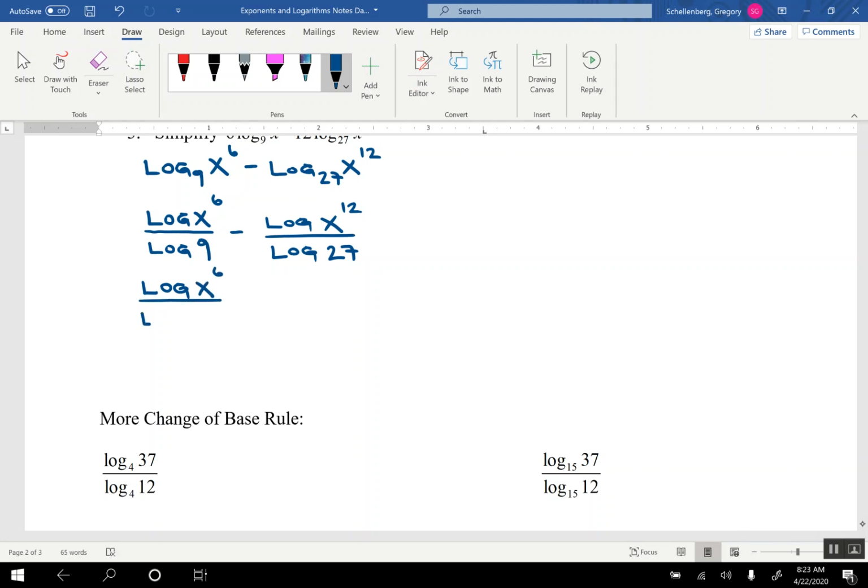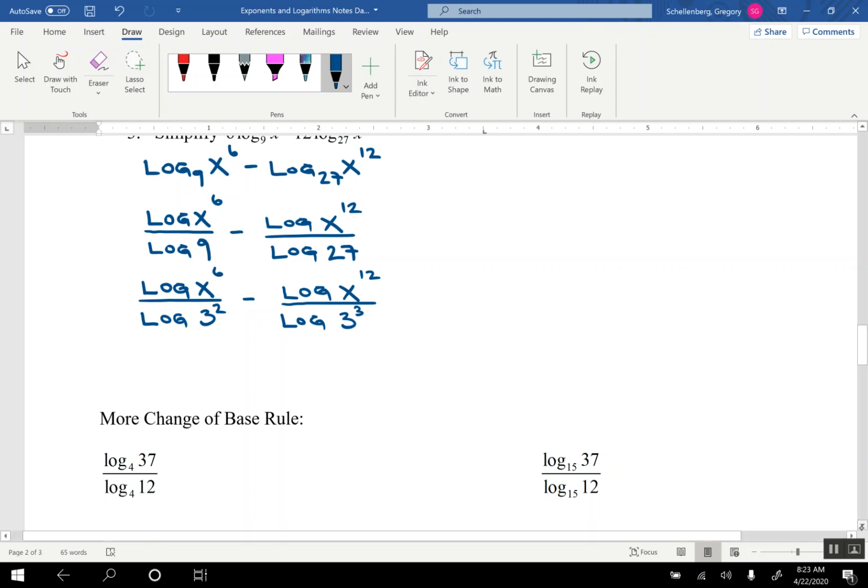The log of 9 I'm going to rewrite as the log of 3 squared. Okay, then we're subtracting the log of x to the power of 12. And the log of 27 I'm going to rewrite as the log of 3 cubed.